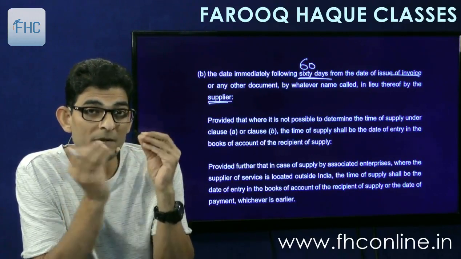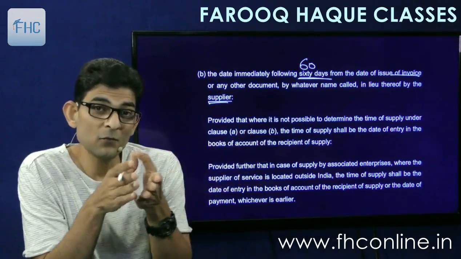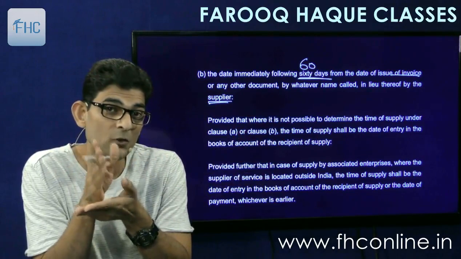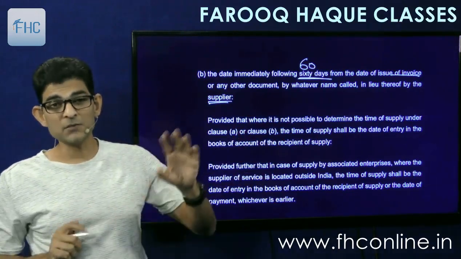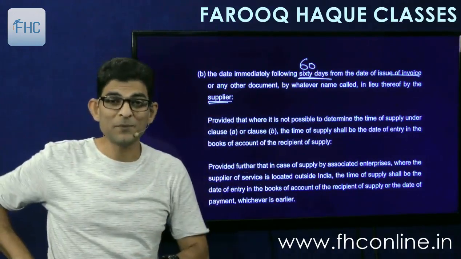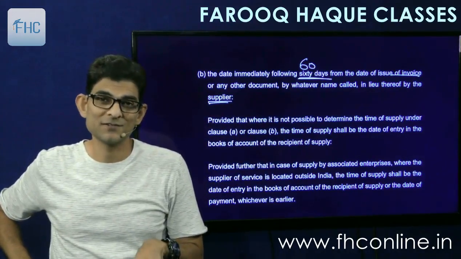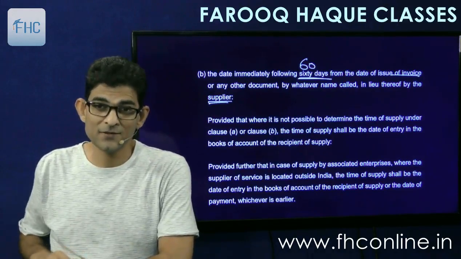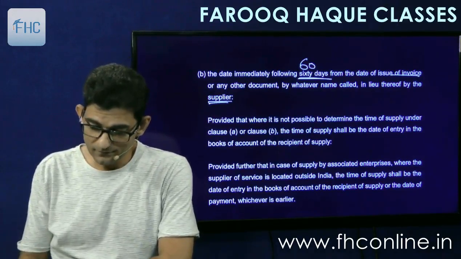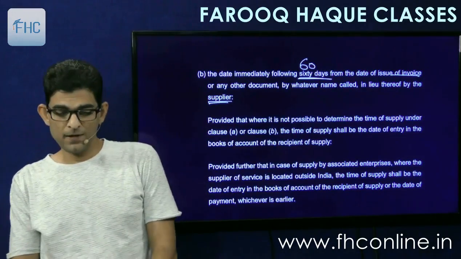So even if I don't pay the supplier, I would have to pay tax to the government on expiry of 60 days. You can say the maximum credit period you are given for payment of tax is 60 days. Okay, so this also we'll see in problems.